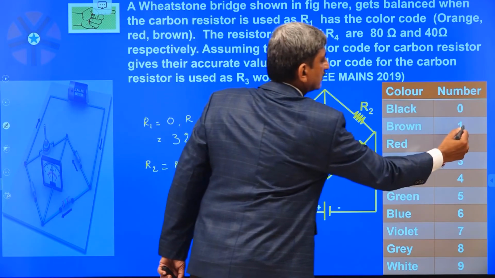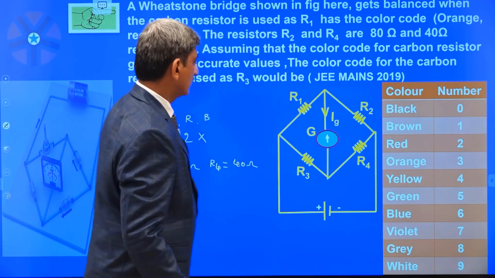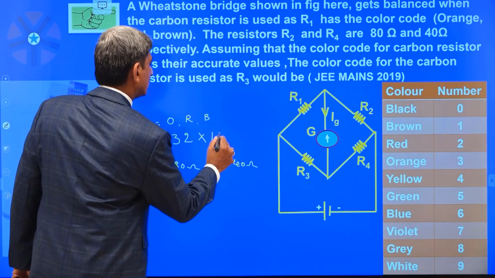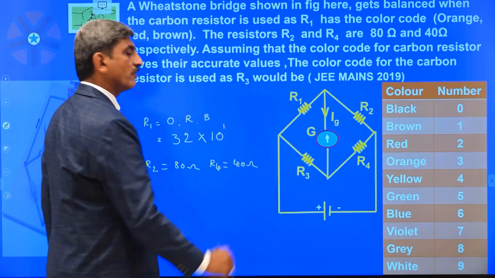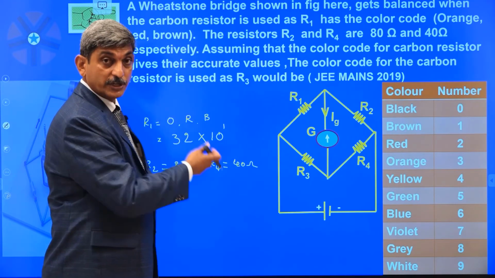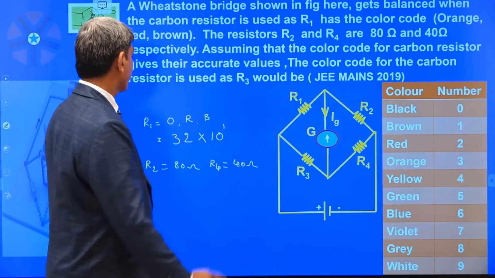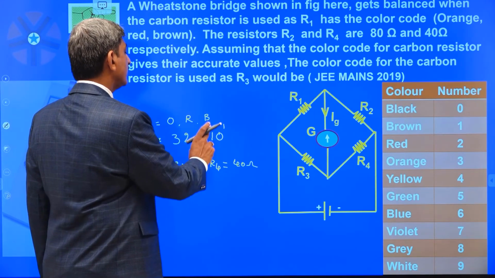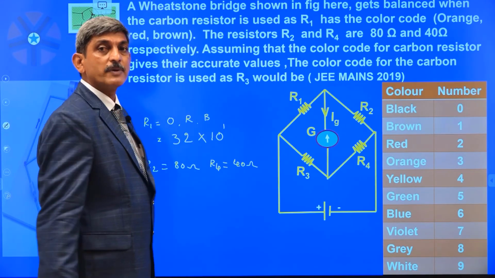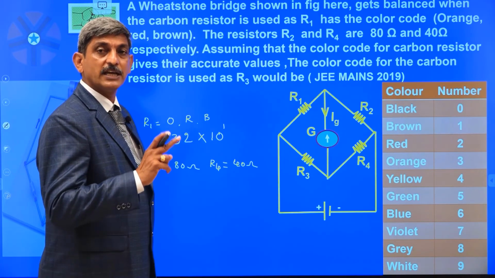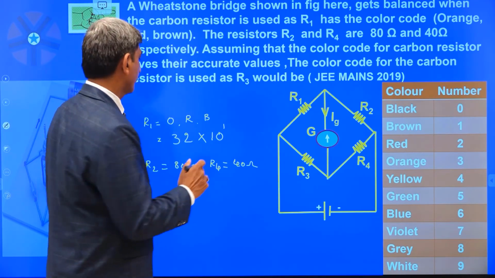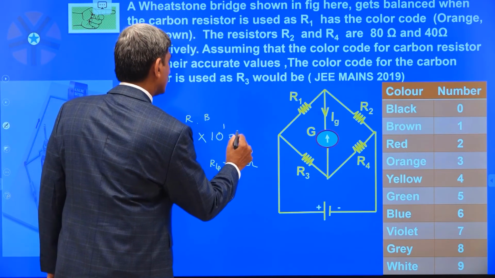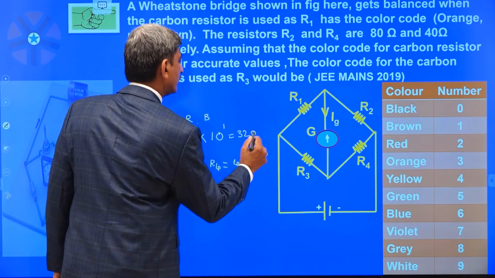For brown, the number assigned is 1, so we can write it as 10 power 1. This is the notation we use in the color code. The first color gives the first digit, the second color gives the second digit, and the third color gives the decimal multiplier. That means it has to be written as a power of 10. So this is equal to 320 ohms.